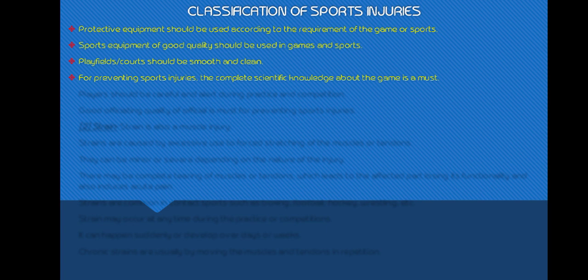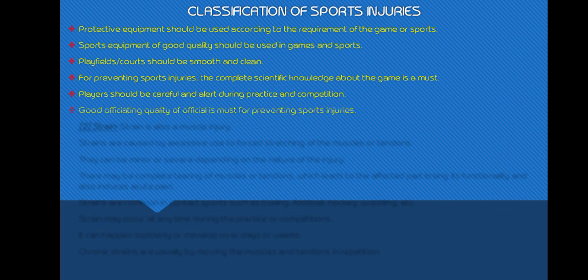For preventing sports injury, complete scientific knowledge about the game is a must. Players should be careful and alert during practice and competition. Good officiating quality of officials is a must for preventing sports injury.